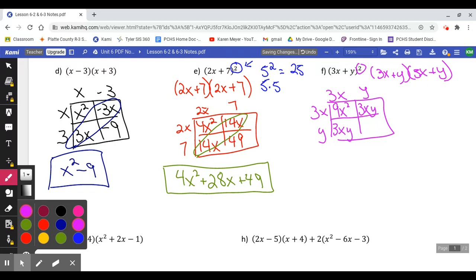And y times y is y squared. So 9x squared, 3xy, and 3xy, they are considered like terms because they both have xy on them. So 3 plus 3 will make it plus 6xy plus y squared. Okay, and then that is your final answer.